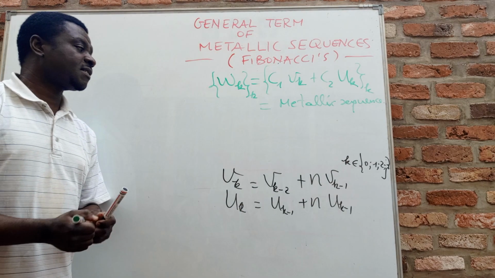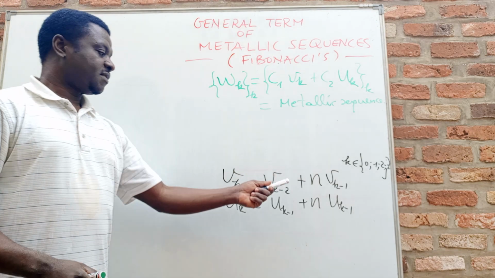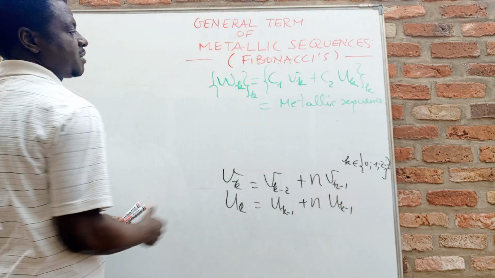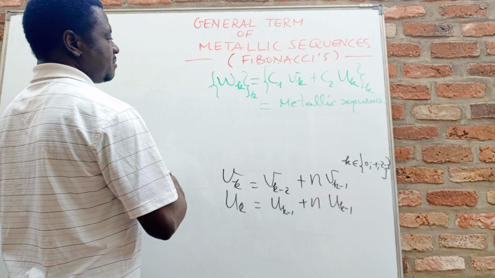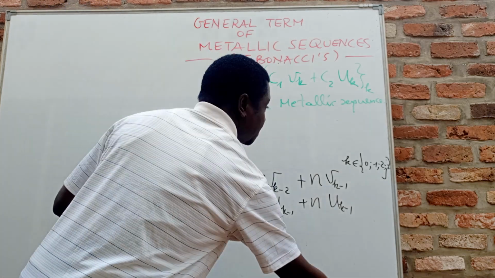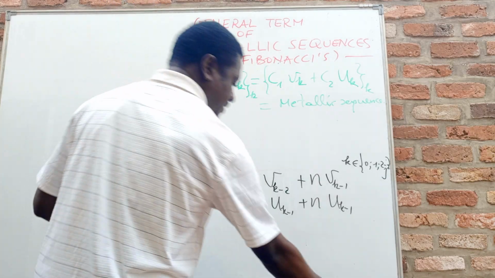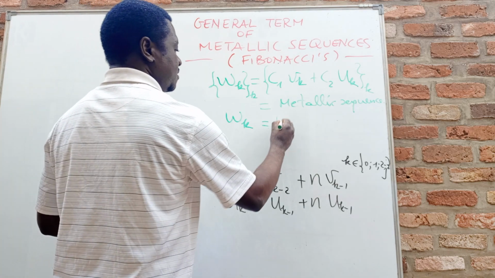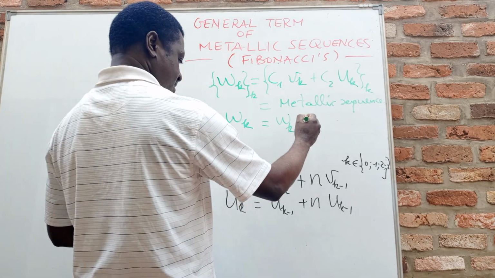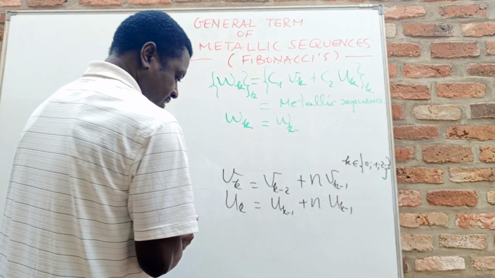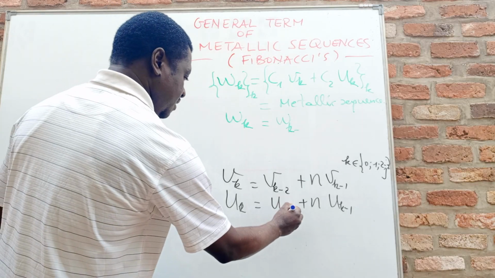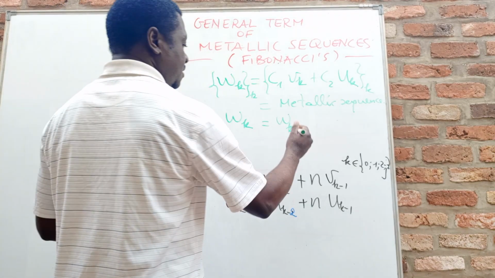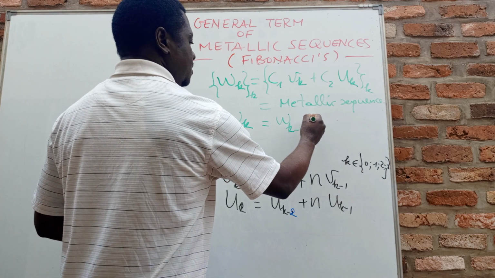In this case, it must also verify the same recursive relation verified by these ones, and this combination is also going to verify a similar relation: Wk is equal to n times Wk minus 1 plus Wk minus 2.